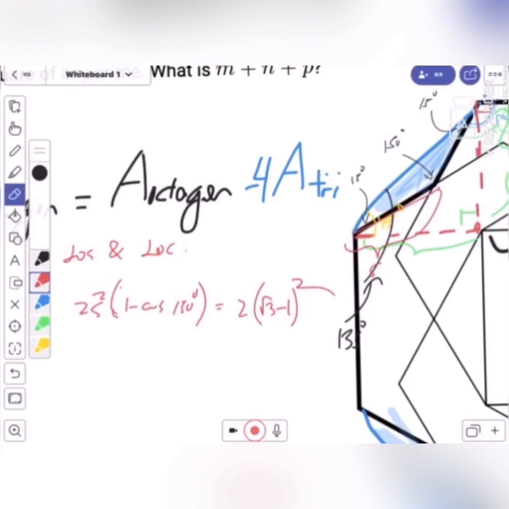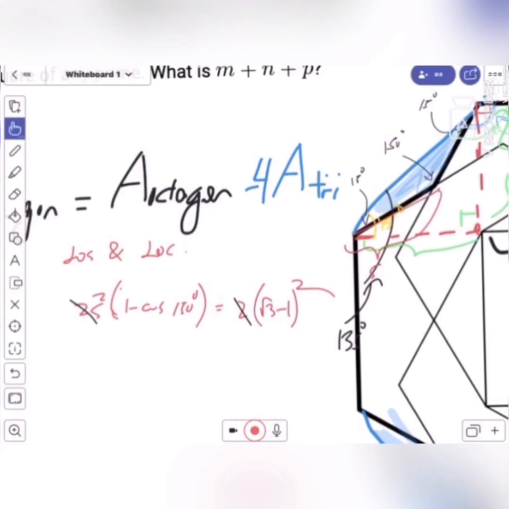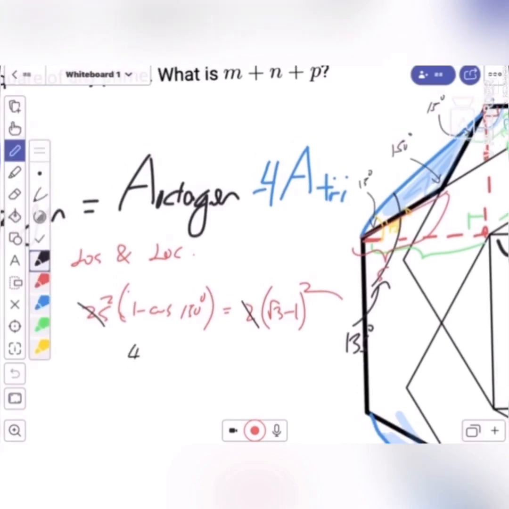So therefore, we can just cancel out the 2's. We get 4 minus, over 1 plus root 3 over 2. This is equal to s squared.